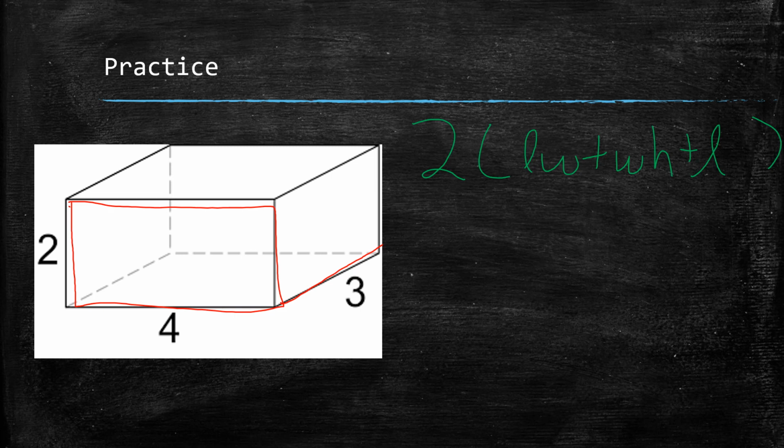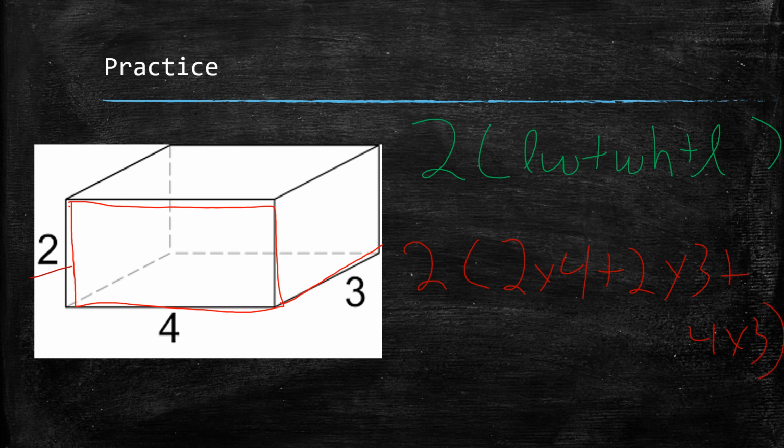So in short, if I wasn't using my formula, I just wanted to multiply each number by the other number. And I'm going to double it, but I could say I have 2 times 4 plus 2 times 3 plus 4 times 3. I'm running out of space here.